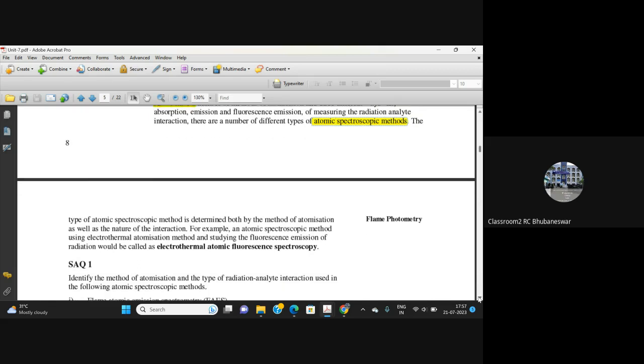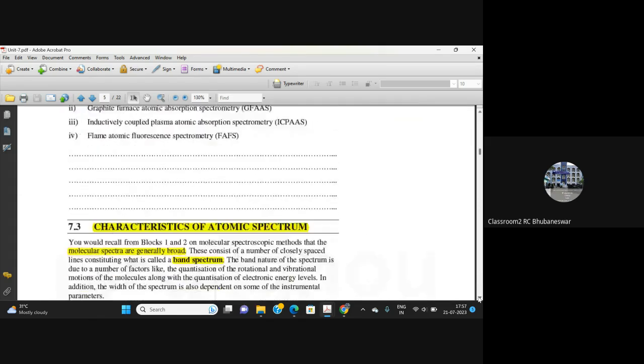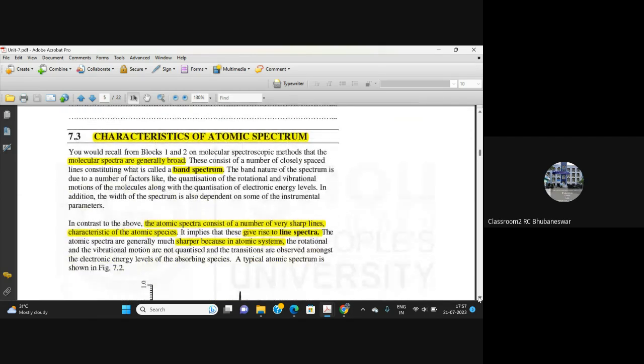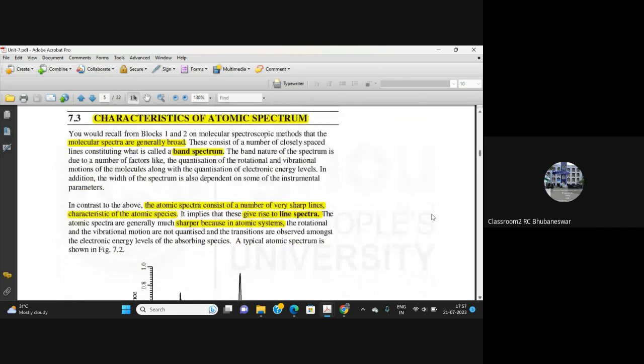Okay. So, subsequently, we'll be seeing one by one. So, what is the characteristic of this atomic spectrum? Slowly, whatever doubt is coming in your mind, in subsequent pages you will be more and more clear about that. You will find all the answers here itself.